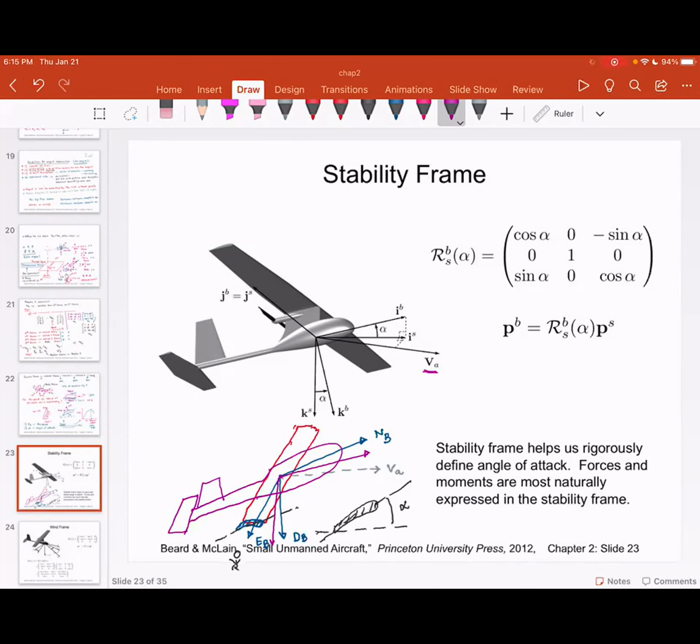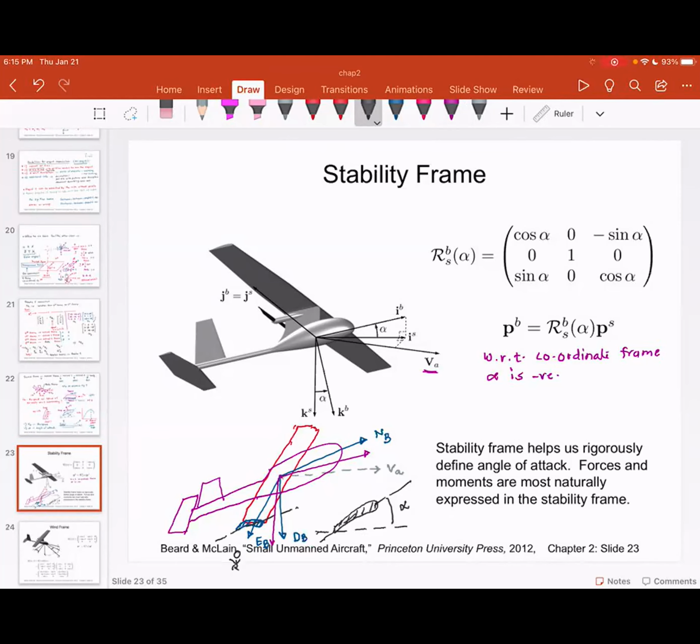And this is important: with respect to the coordinate frame, alpha is negative. So that's why when you substitute the value of alpha in the rotation matrices, you will have to substitute it as a negative value.